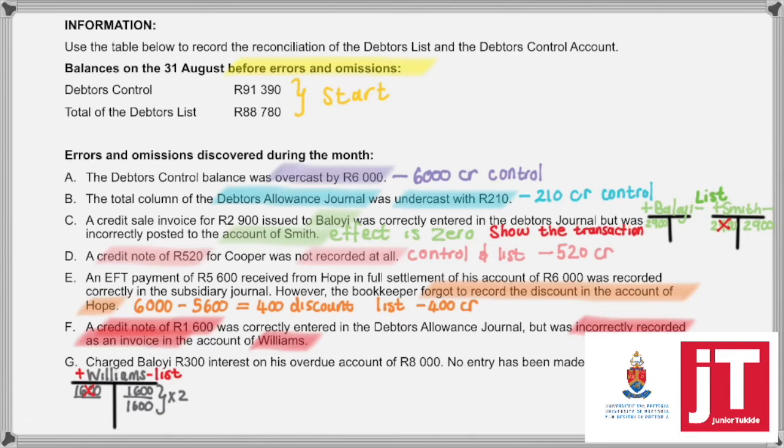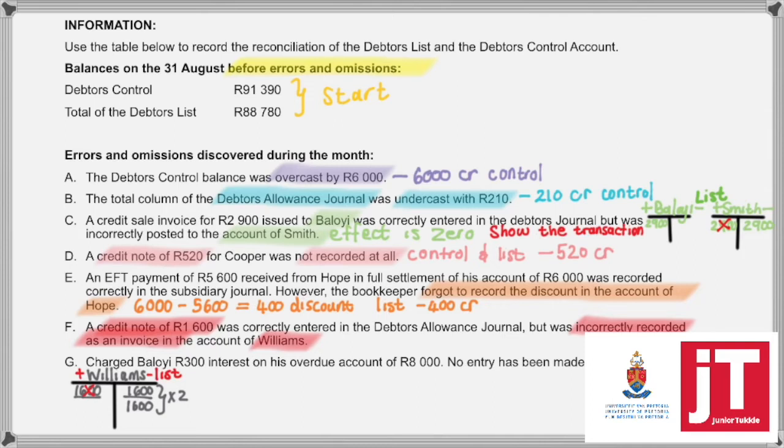So we added it in as a credit invoice. So we debited instead of credited. So you have to credit twice to get it away. Once to cancel the 1,600 Rand and once to actually put through the credit note transaction. So when it's an incorrect debit or credit, you always need to double up on the opposite side to correct the transaction.